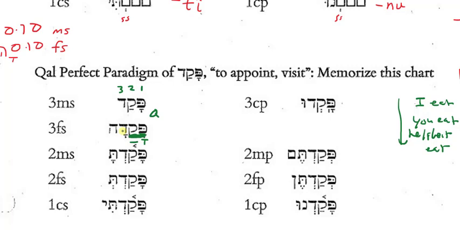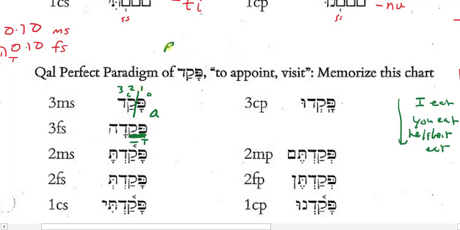Yes, it is going to separate from the closed syllable that it had, because go back to this. If I were to divide my syllable here, I'd have pa-kad. Pa is open, kad is closed, right? So when I start my paradigm, dalet is a closing consonant. We could think of it as a marriage. And we're going to learn something about root 3, okay?